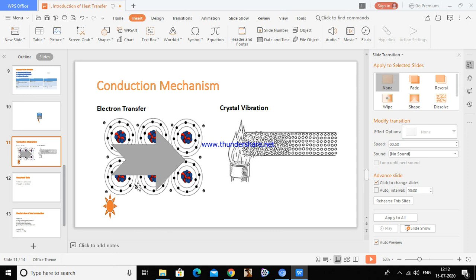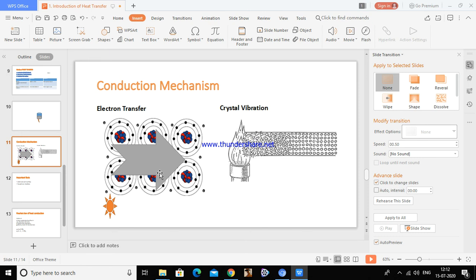Normally in metals, in solids which have an atomic structure, we get the electron transfer system for conduction. So the electron near the heat gets heat, gets excited and moves towards the other part. Here for these molecules or atoms we do not have any considerable movement, so it comes under conduction.